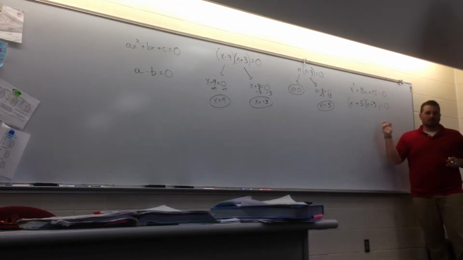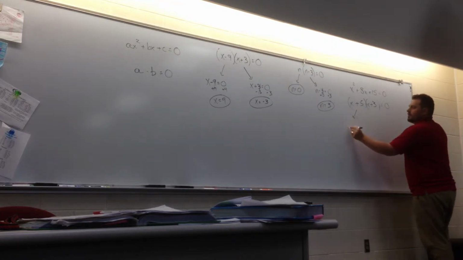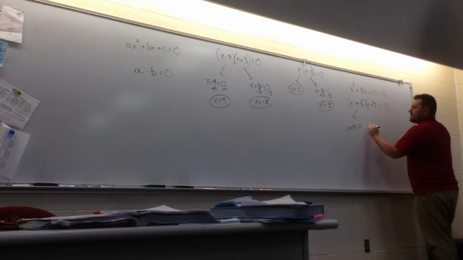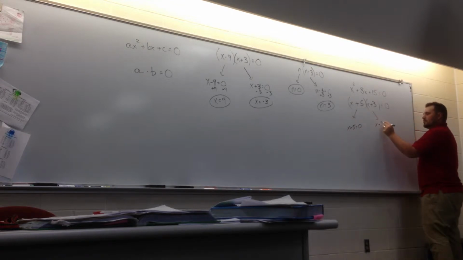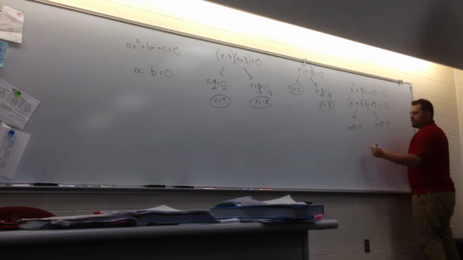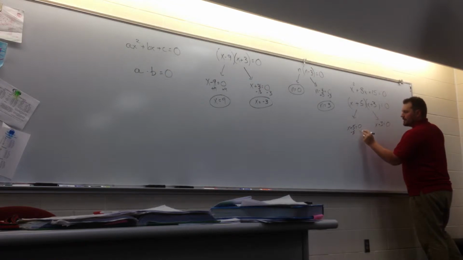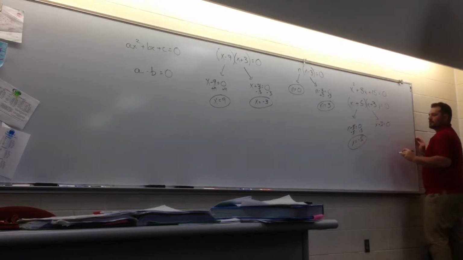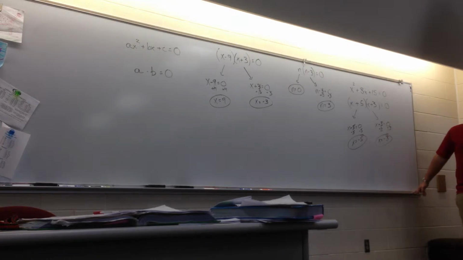Then, once I've done the factoring, I set each piece equal to 0, and then I solve and get x by itself. So here, x equals negative 5, and x equals negative 3.